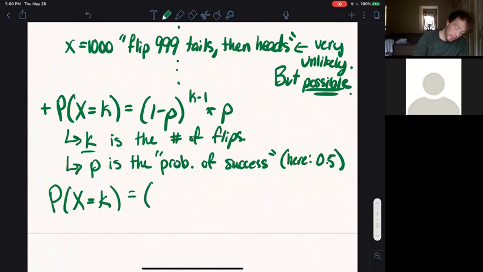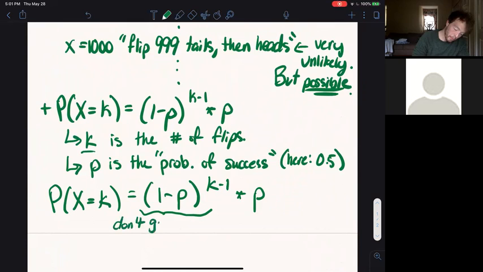And note, I'm going to write this again. This is our formula for figuring out problems like these. And the formula is actually kind of intuitive. If I want to know the probability that my first success is at k, like maybe 10, we could pretend k is 10 here, then I would multiply by the probability that I don't get it, k minus 1 times, and then I do get it once.